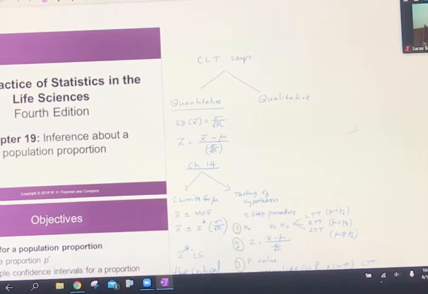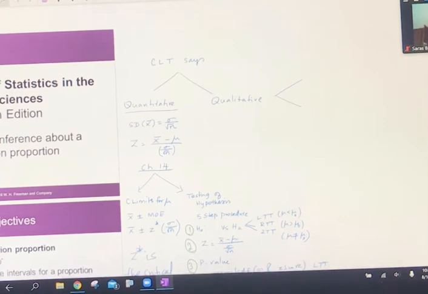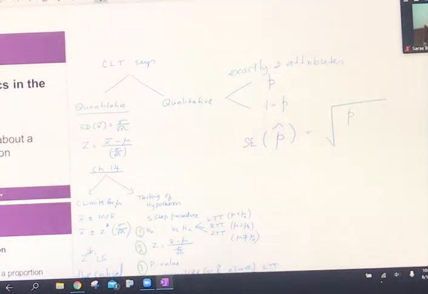And your central limit theorem says for qualitative, where you have exactly 2 attributes, and the respective probabilities are going to be p and 1 minus p, the complement probability, and we have defined the standard error of p hat to be equal to square root of p times 1 minus p over n.